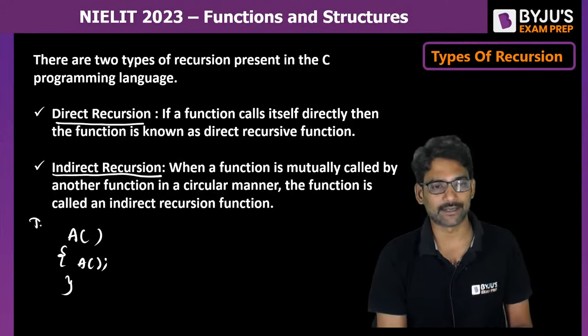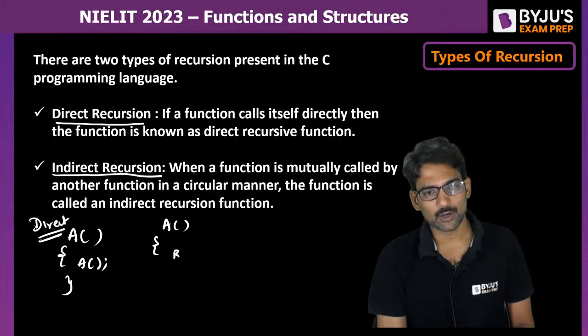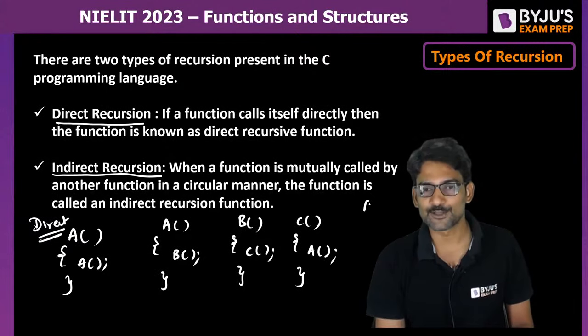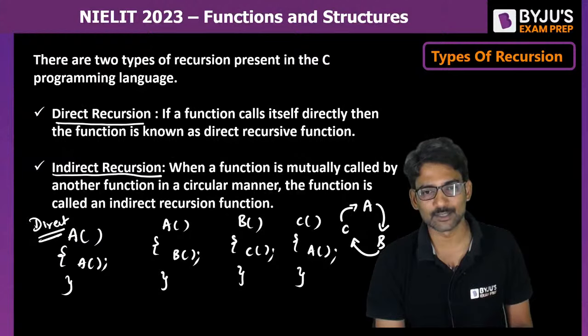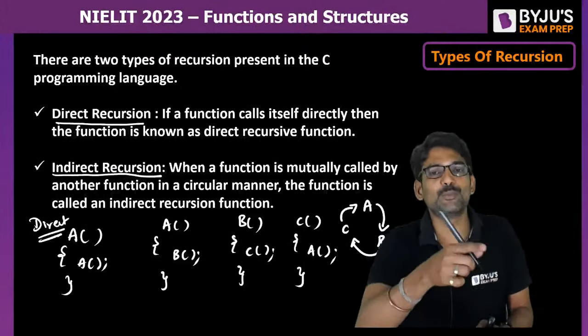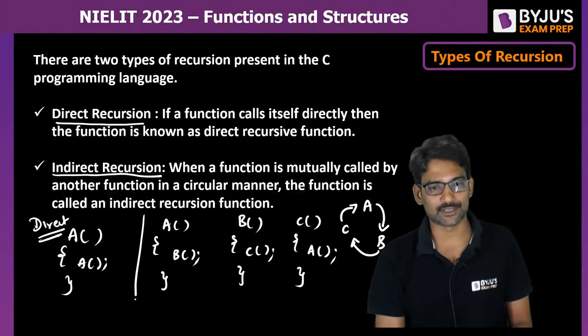This is direct recursion. And indirect recursion: A calling B, B calling C, C in turn calling A. This is also recursion, right? So the function is calling itself through B and C. This is what we call indirect recursion.